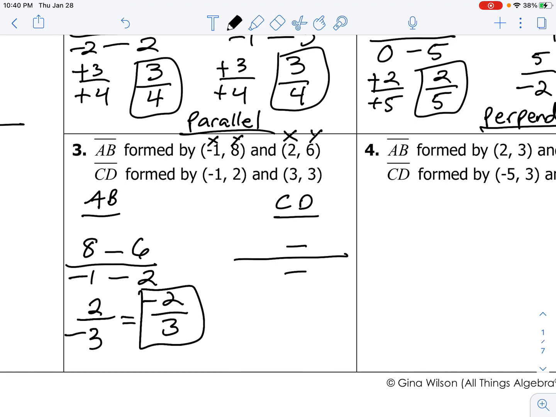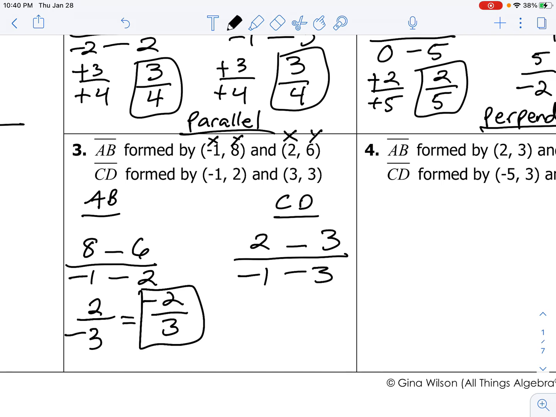All right, now we're going to do the next one. So drop the y's down on top, so 2 and 3. Then we're going to drop the x's down on bottom, so -1 and 3, and then do the math.